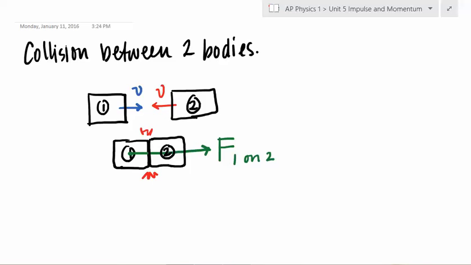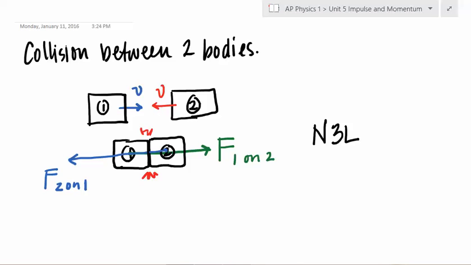Get my lines there, right? And then 2 applies a force on 1. So 2 on 1. Now what did we probably learn in middle school about these two forces between two bodies?